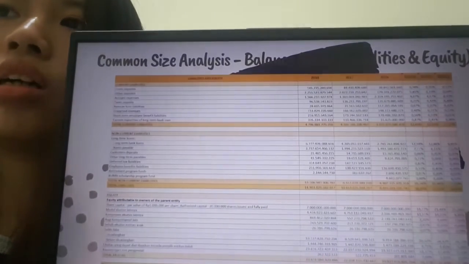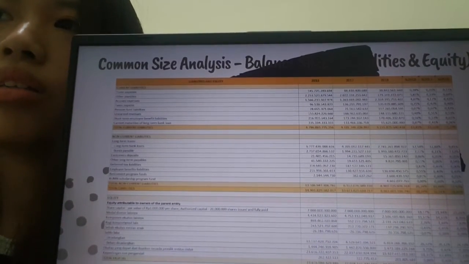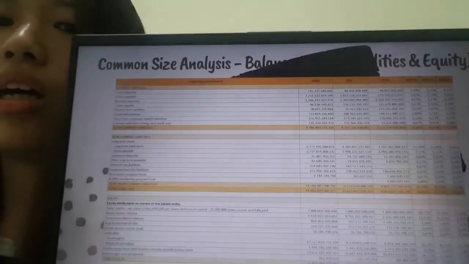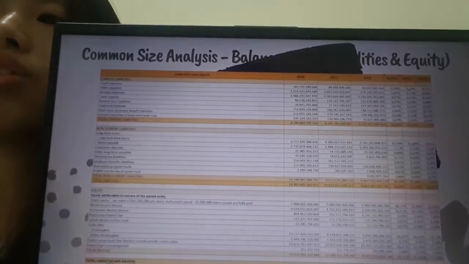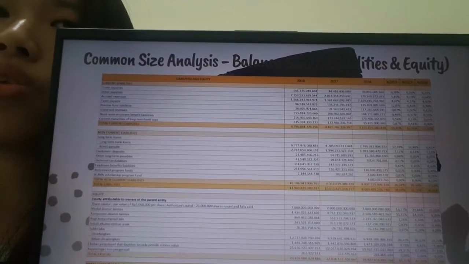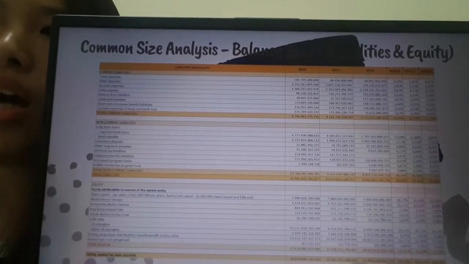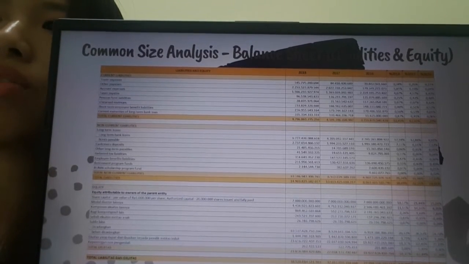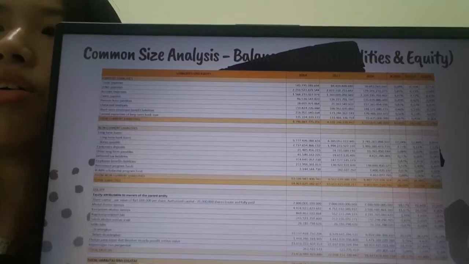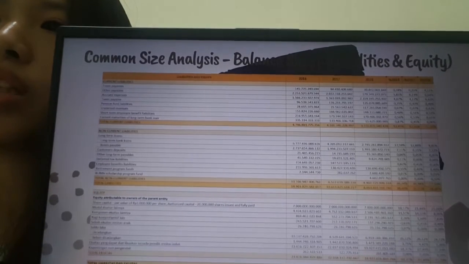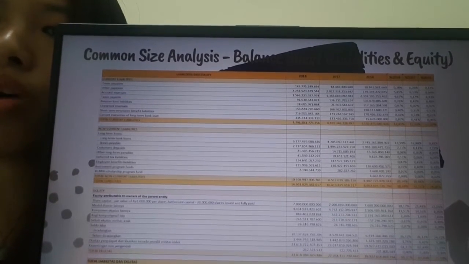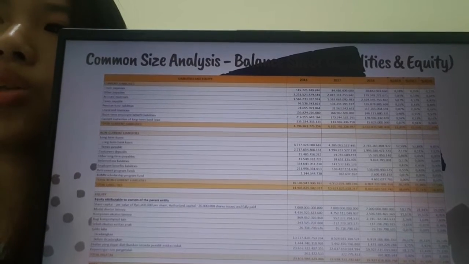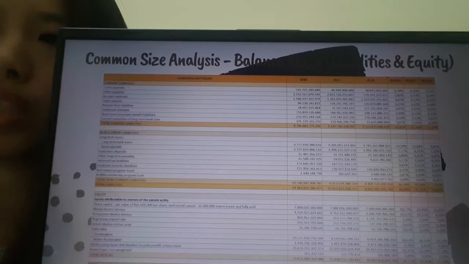Next, we move to the liabilities and equity part. For the current liabilities, it is increasing first from 2016 to 2017, then decreasing from 2017 to 2018, from 12.56% to 12.45%.